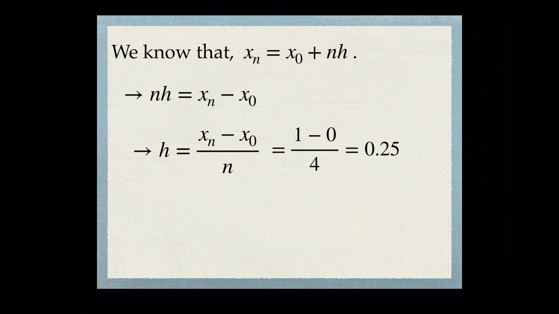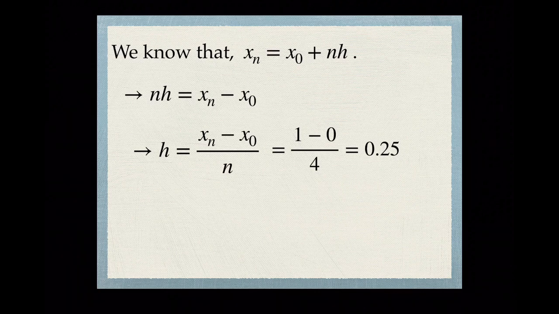Obviously, here the starting point is 0 and the ending point is 1, because we are considering the interval as 0 to 1 in the integral. So the starting point x naught will be equal to 0 and the ending point, the upper limit, is xn. With that I will write it as 1 minus 0 divided by n, because we are supposed to divide it into 4 equal strips.